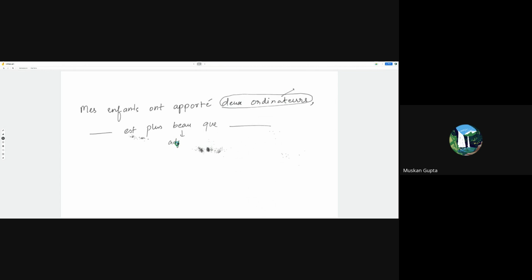Now I'm replacing ordinateur. First of all, tell me, is it masculine singular, masculine plural, feminine singular, feminine plural? Okay, ordinateur is masculine singular.